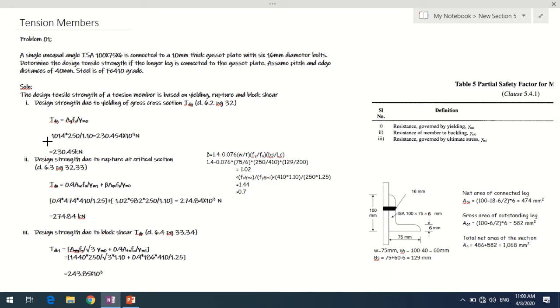That will be the gross area, and the yield stress, since the grade of steel is Fe410, will be 250 Newton per mm square, fy. The factor of safety governed by yielding is given in the table of IS 800.